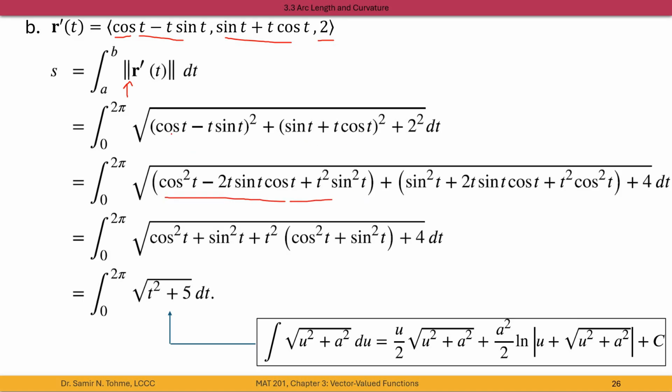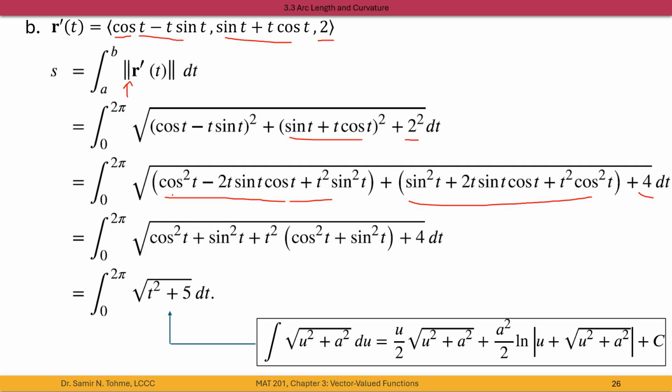and squaring the first term over here will give you this one. We used a minus b, all of that squared, which means a squared minus 2ab plus b squared. In this case, we have a plus b, so we're going to use the identity a plus b squared is equal to a squared plus 2ab plus b squared, and you will get this one, and 2 to the power of 2 is 4.